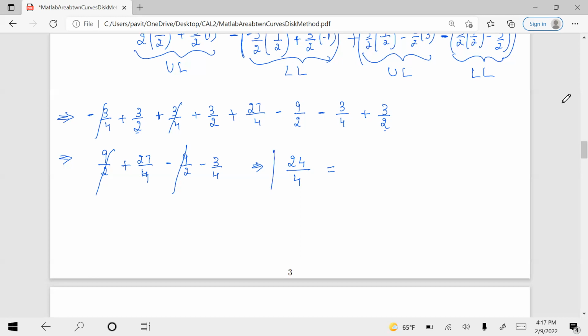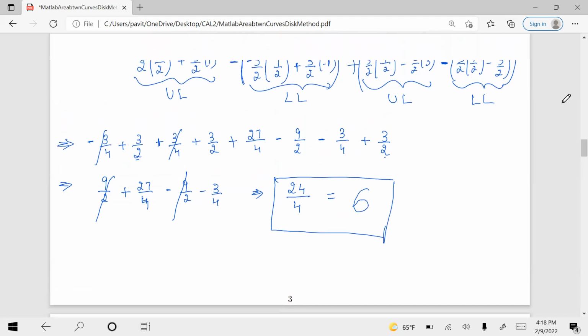What is 24 divided by 4? The answer is 6.